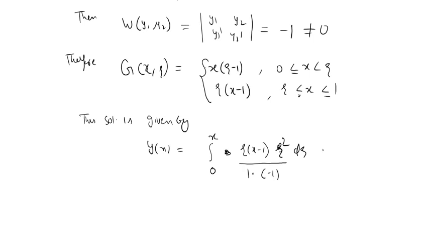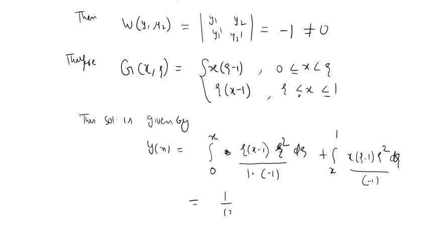And the second one is from x to 1, and it is x(xi minus 1) xi squared, f, and divide by the Wronskian. Okay, so just integrate it with respect to xi.